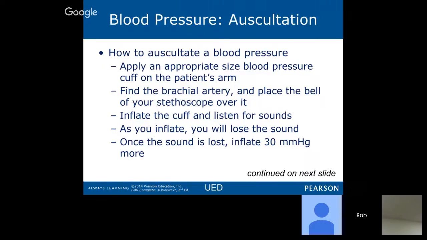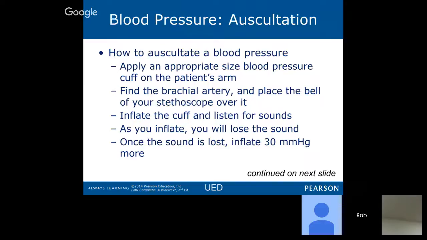If you wrap it around their arm, they have a big arm, and you get the Velcro to latch, but the index line is not in the range, that cuff is too small. You go up on sizes, okay? I'll show you in the lab, don't worry, but I just want you guys to understand that. It drives me insane whenever people freak out about a blood pressure, and then I look at their cuff, and it's not even close to the right size.